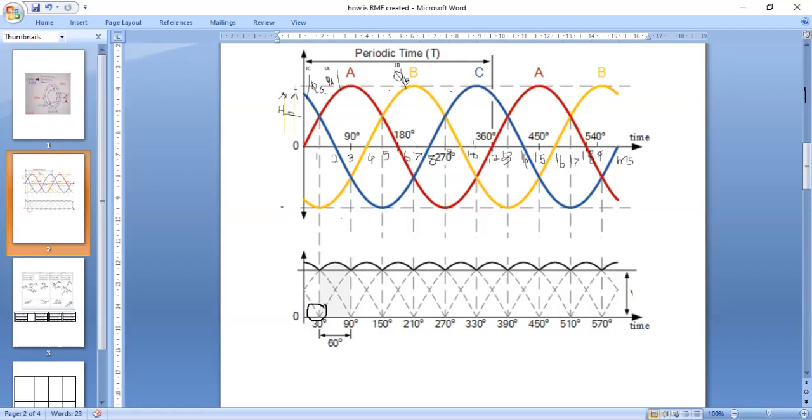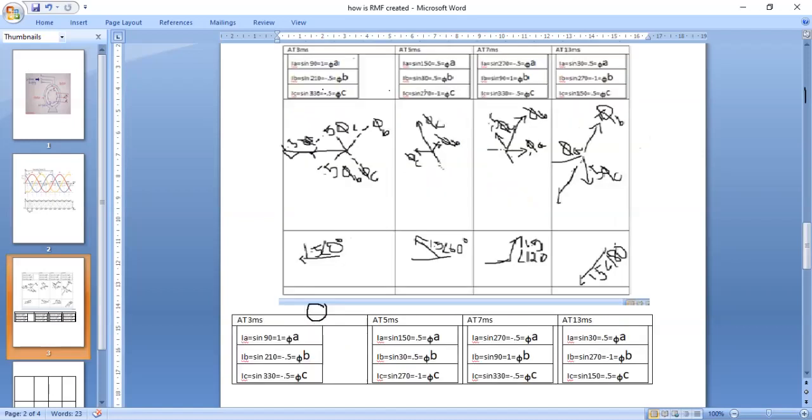For the other two phases, B and C, phase B is at 210 degrees, and phase C is at 330 degrees. So the magnitudes of phase B and phase C would be 0.5 and 0.5, both in the negative direction.